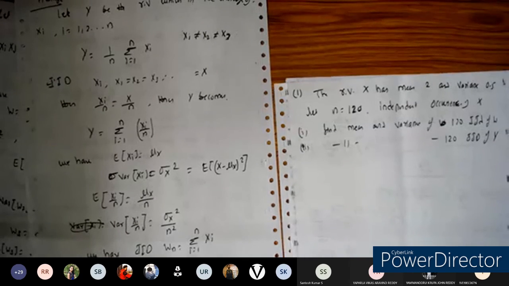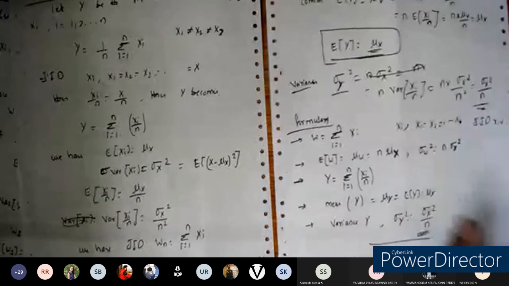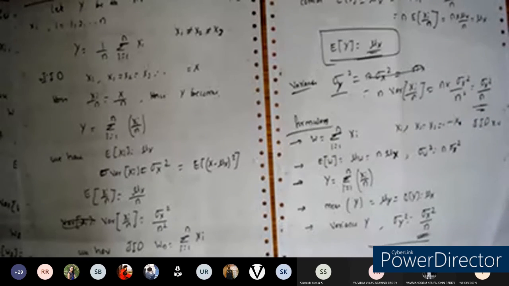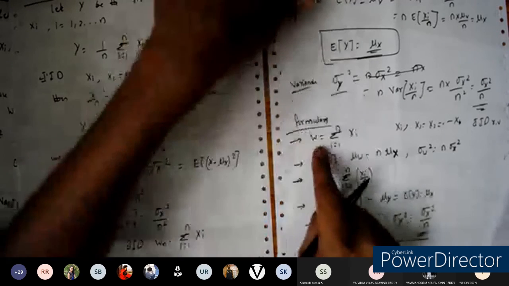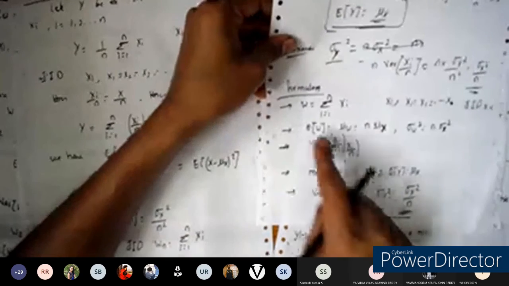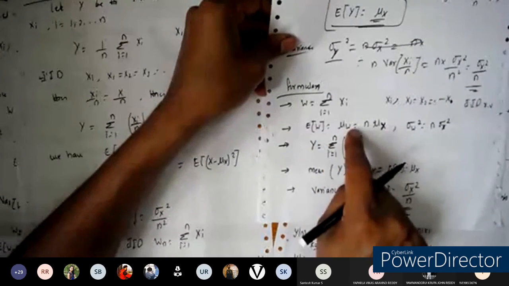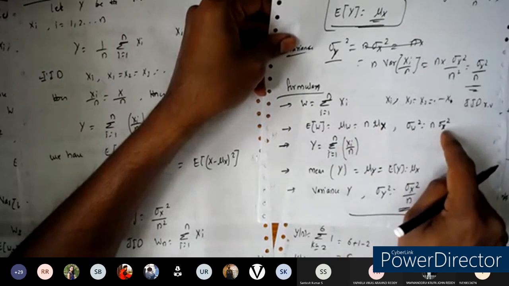So I recall the formulas here. These formulas we are going to use. Expected value of nu w is equal to n into nu x, and sigma w square is n into sigma x square.